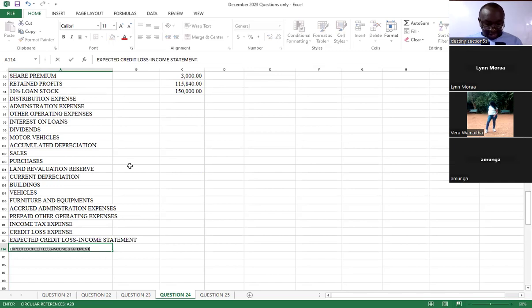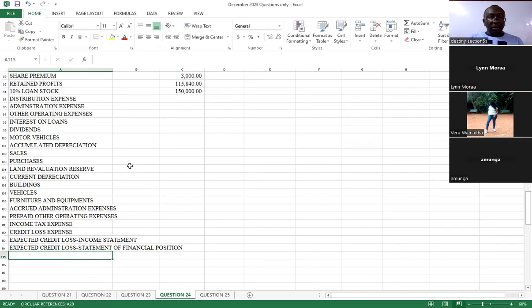And there is another one, because the ability to reduce the credit loss, it is going to go to the statement of financial position.